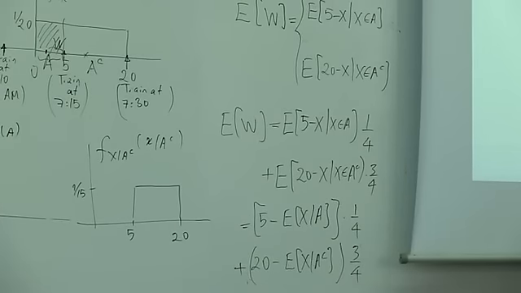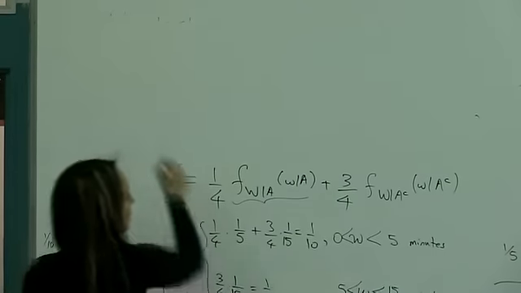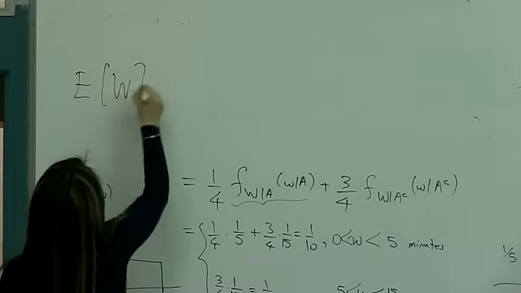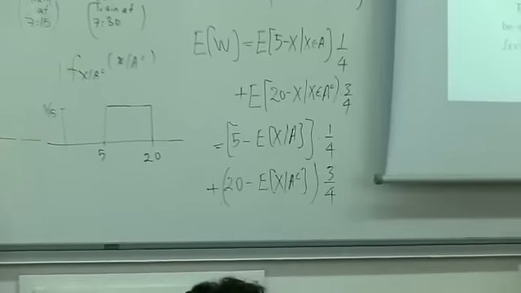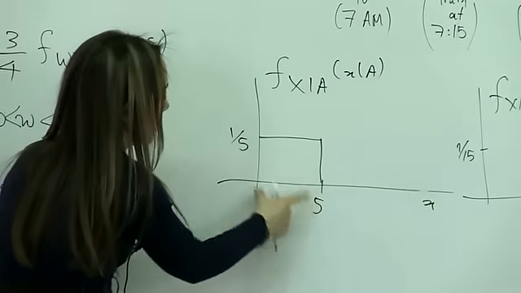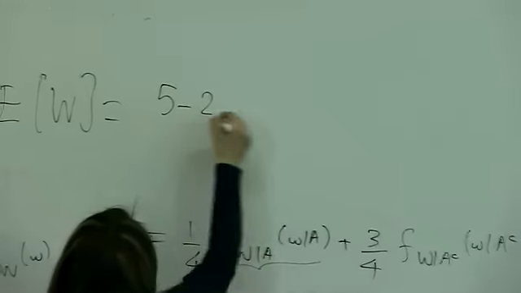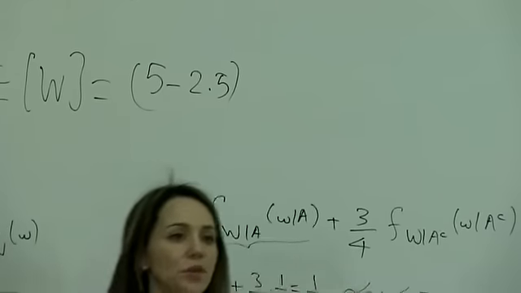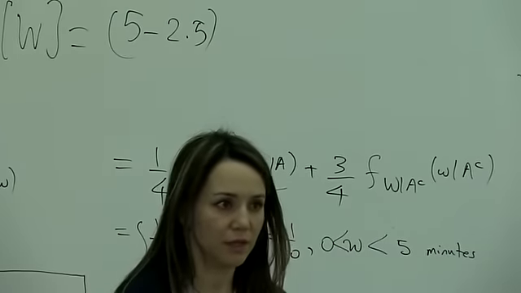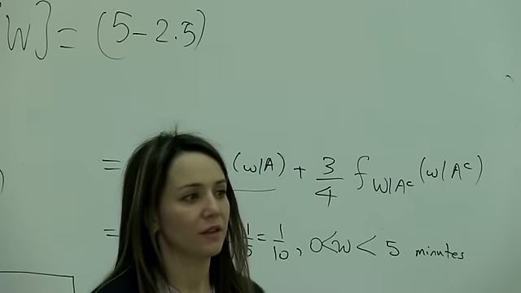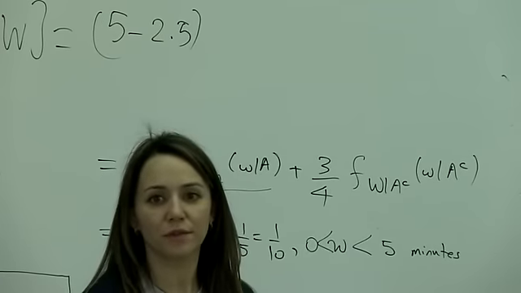Let's compute this over here, the expected value of my waiting time. Now, what is the expected value of x given A? Look here, please. If x is in A, the first region, the expectation of x is 2.5. So we have 5 minus 2.5, which is actually obvious. If you arrived in the first region from 7:10 to 7:15, your expected waiting time should be 2.5.